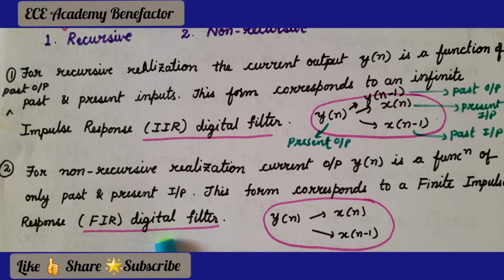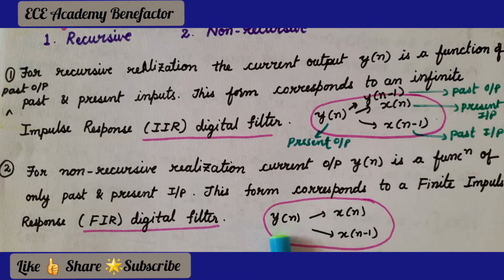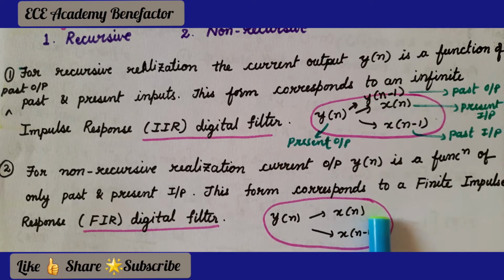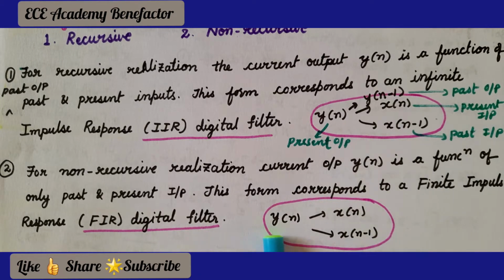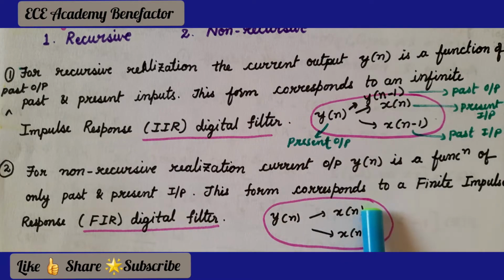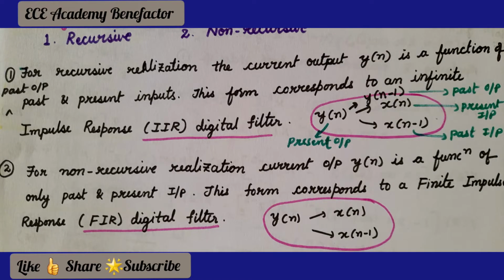In FIR digital filter, non-recursive realization is used. Symbolically, the present output is y of n, x of n is the present input, x of n minus 1 is the past input. The present output is depending on present input and past input. So, it is known as non-recursive realization.